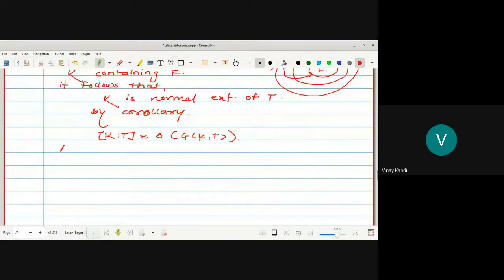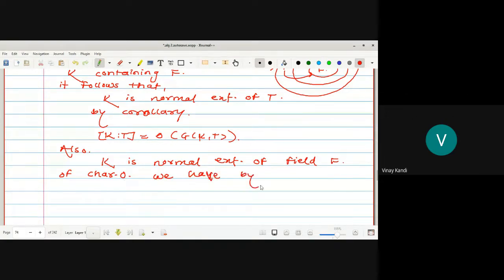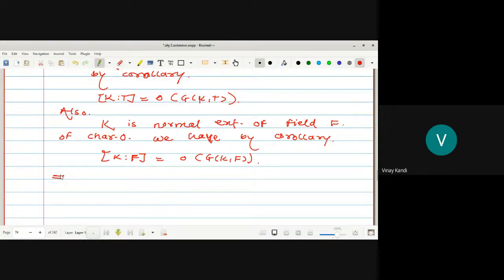Now as also K is a normal extension of the field F of characteristic 0, we have by the corollary again, the degree of K over F is equal to the order of G(K,F).